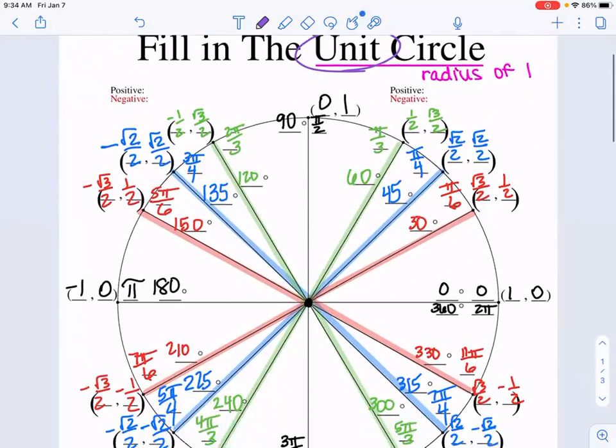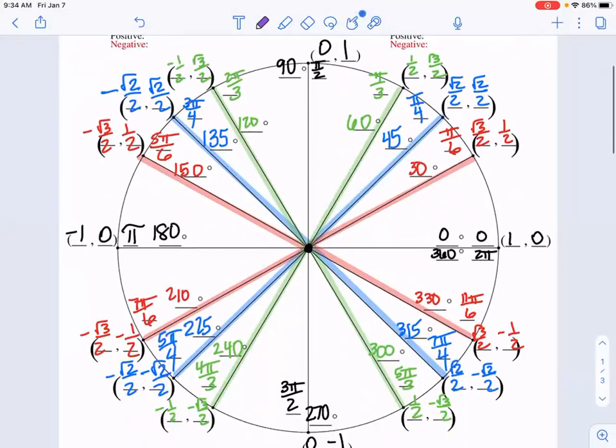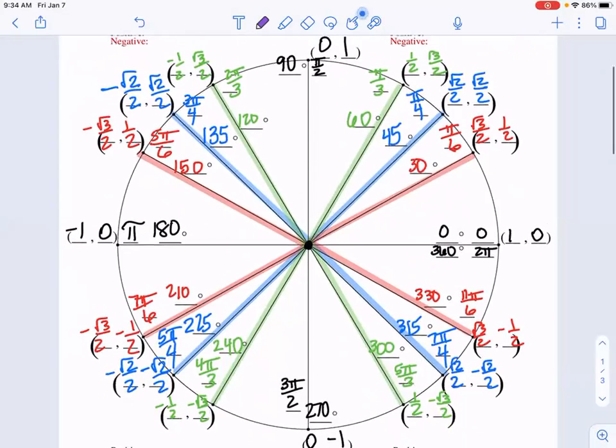I am not sure how your Algebra 2 teacher taught this to you. ASTC. All students take calculus? Okay, that's how I like to teach it. Okay, let's talk about what it represents.